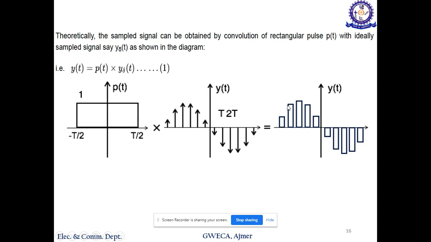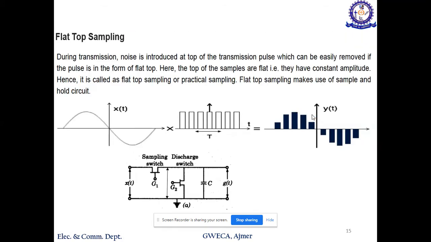The top is always flat. Unlike natural sampling, where the top takes the shape of the input, here it is flat, so it has very high noise because you are rounding off the top edges. So the noise is very high in this flat top sampling technique.